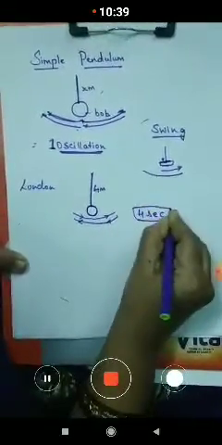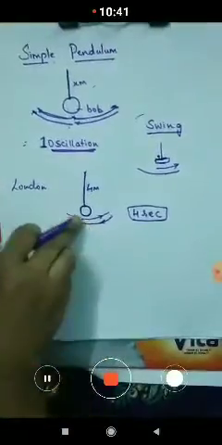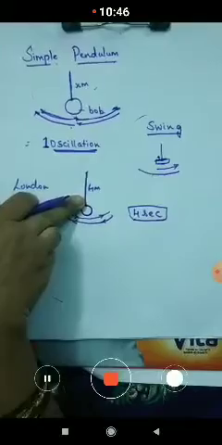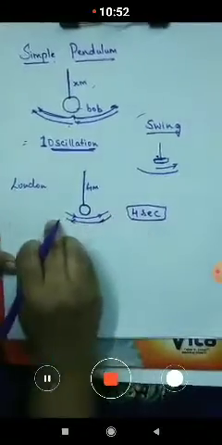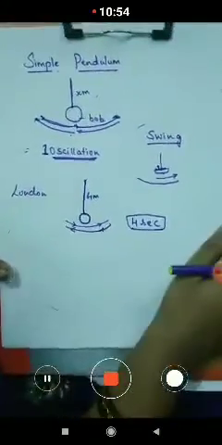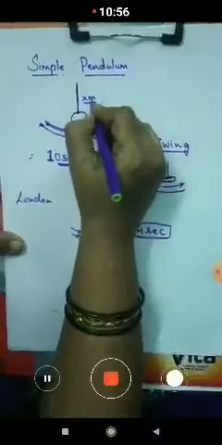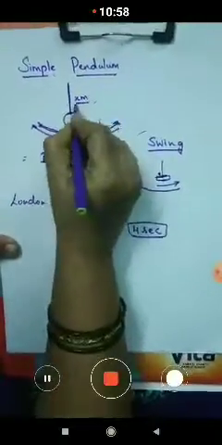It takes 4 seconds. So the length of the pendulum directly depends on the time taken to complete one oscillation. Now for example, here I just wrote x meters.